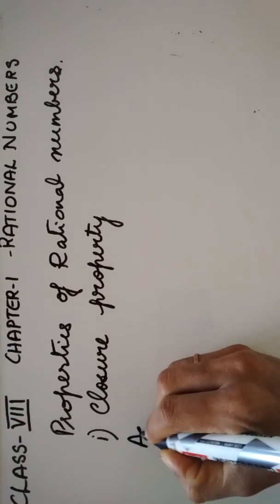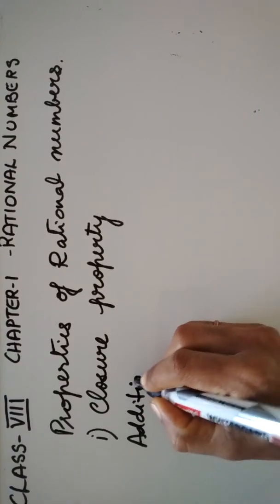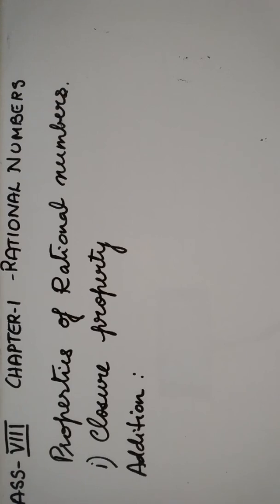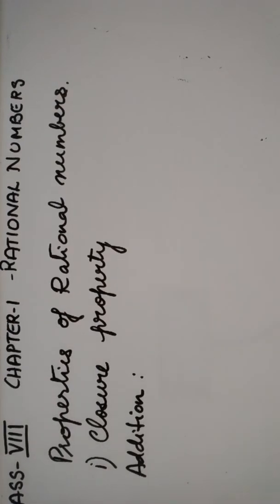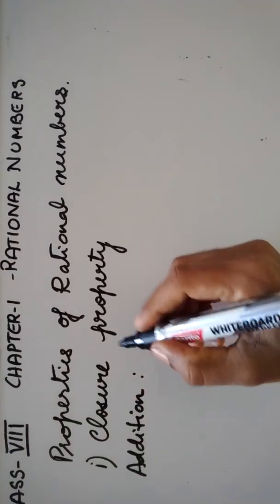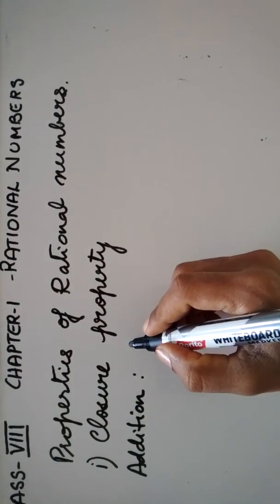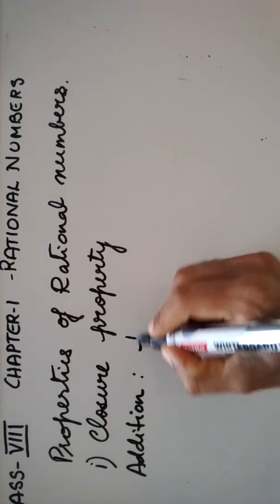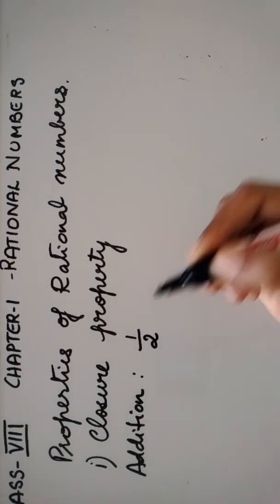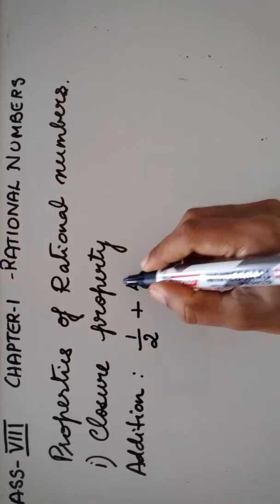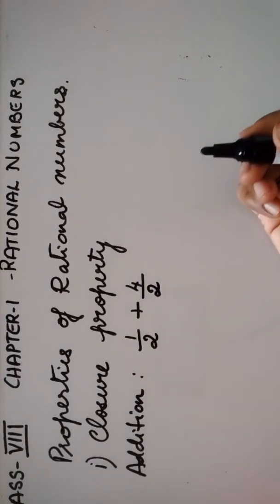Closure property, that is, if I add a rational number to another rational number, for example I will take 1 by 2, which is a rational number, and 4 by 2.